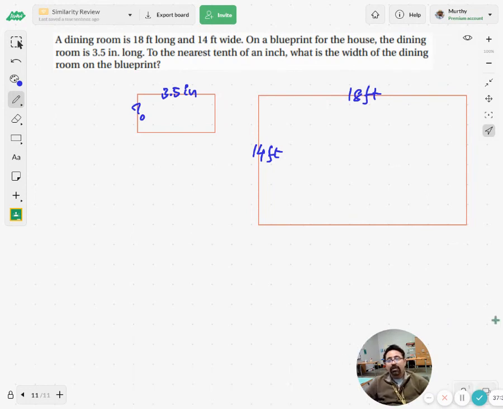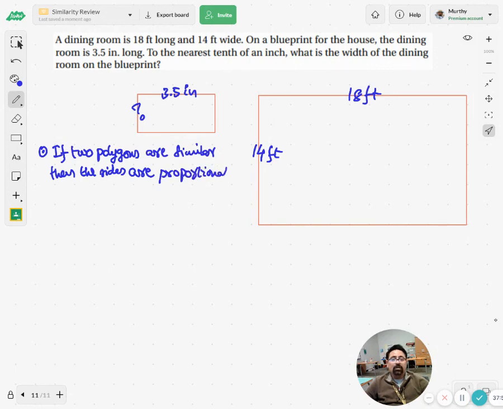As you know, if two figures, or two polygons, are similar, then the sides are proportional.